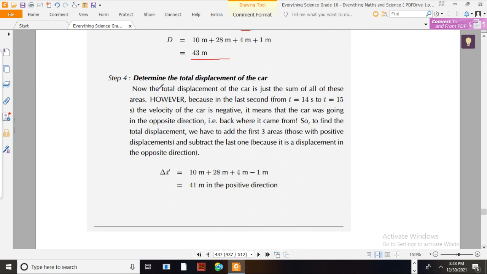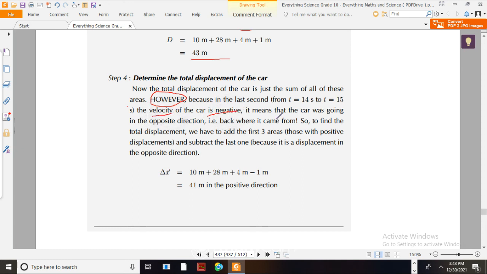Now determine the total displacement of the car. The total displacement of the car is just the sum of all of these areas. However, in the last second, from 14 seconds, the velocity of the car is negative.